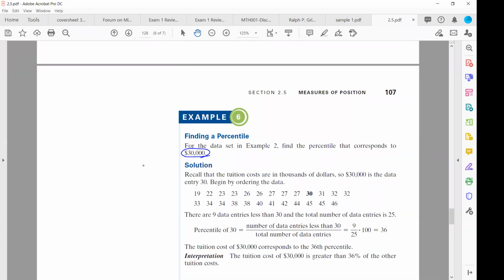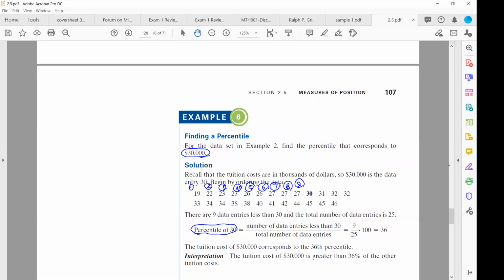You have to list all the numbers, then 30, 31, 32, and so on. The percentile of 30 is the number of data less than 30. So we have to count 1, 2, 3, 4, 5, 6, 7, 8, and 9. I have 9 numbers less than 30.